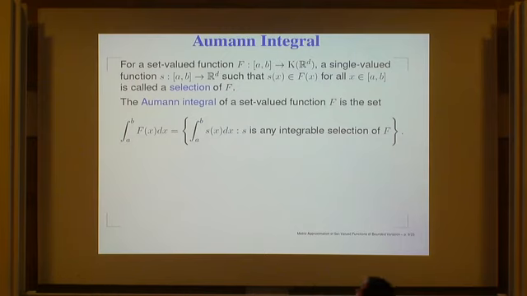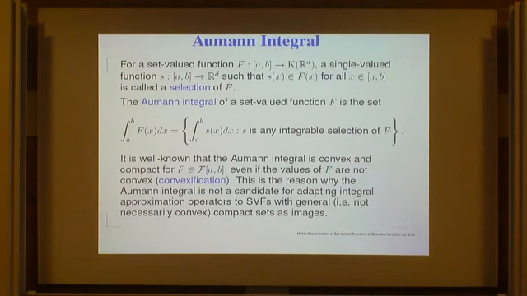Okay. And the Aumann integral is built the following way. We consider all possible integrable selections of our function and calculate the usual integral, Lebesgue or Riemann, and then the set of all possible values of integrals of selections is the Aumann integral. I would say this is a very natural definition.